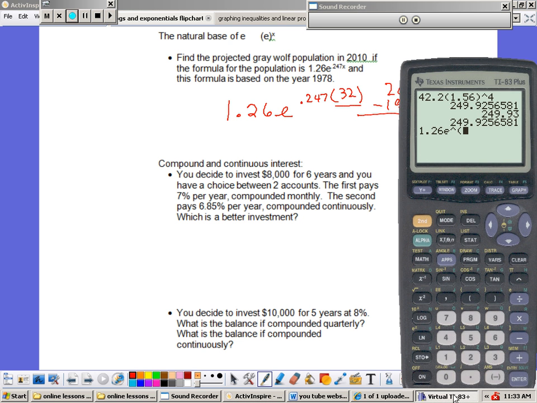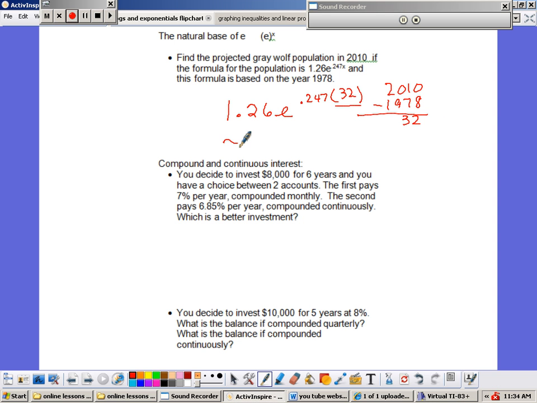You started your parentheses, so 0.247 times 32, and close your parentheses here, because I want that entire thing in the exponent. So the answer is 3,412 approximately. Now, the reason I didn't round it up or take partial with the decimal is because I don't want partial wolf. So I went to the closest wolf there was.